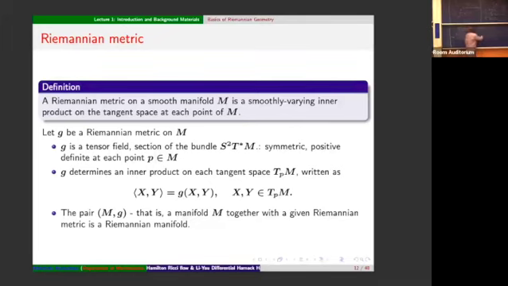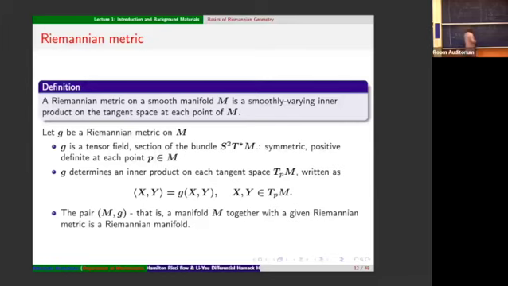So by symmetry, the definition, meaning this as a symmetric space is like an inner product, I can have it as this. This inner product is with respect to metric G at point P. So by symmetry, G_P(X, Y) equals G_P(Y, X).